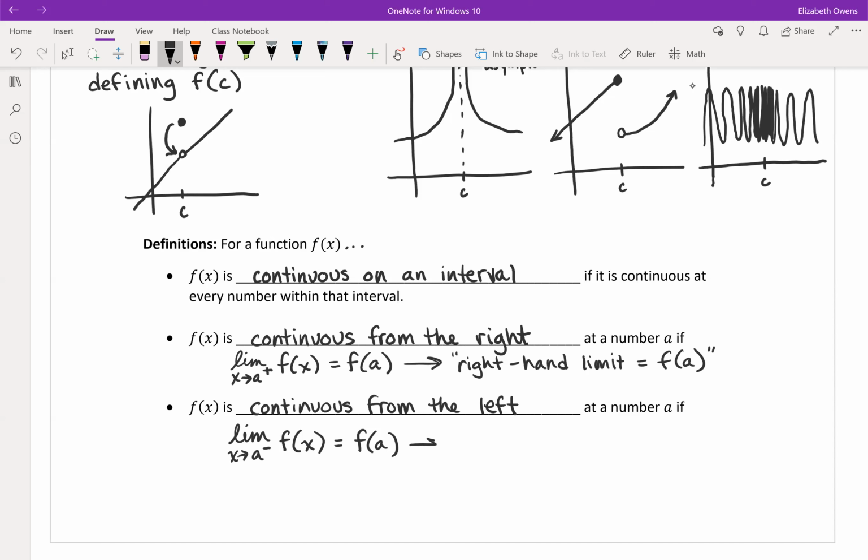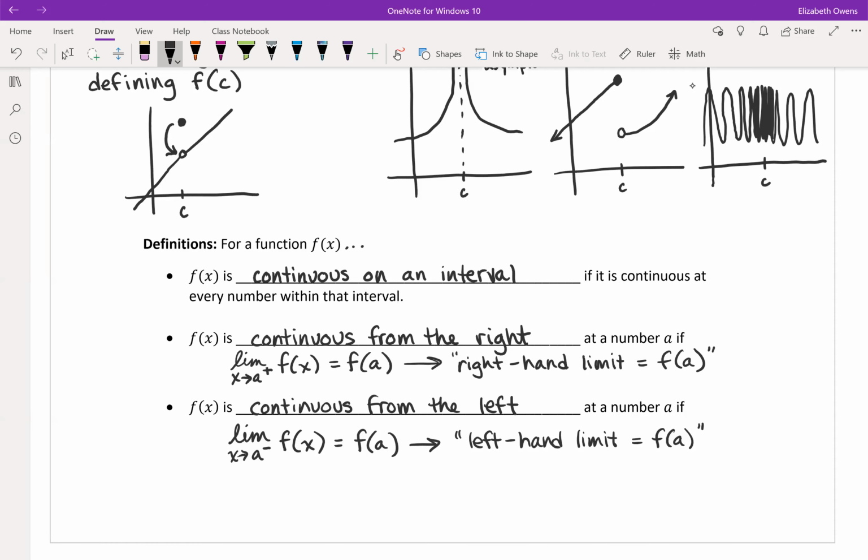So this definition uses the left-hand limit instead. Okay, left-hand limit equals f of a. All right, so we've got continuity on a general interval, and then at a particular point, you could have continuous from the right or continuous from the left.